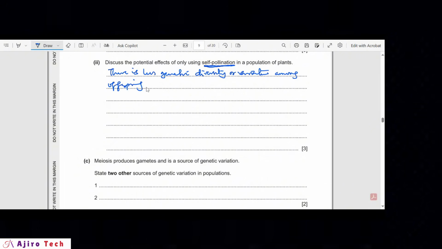And of course, what it means is that offspring are more susceptible to diseases because they are less resistant.